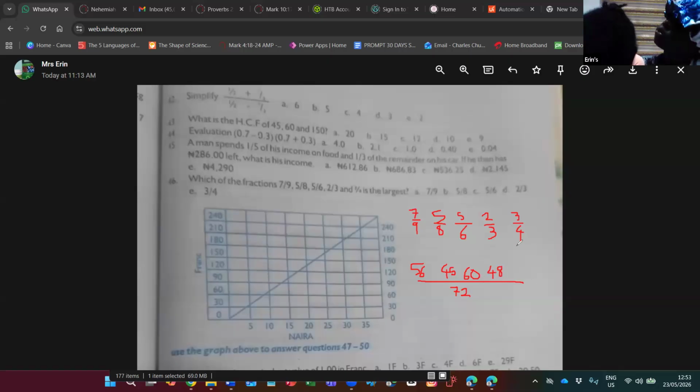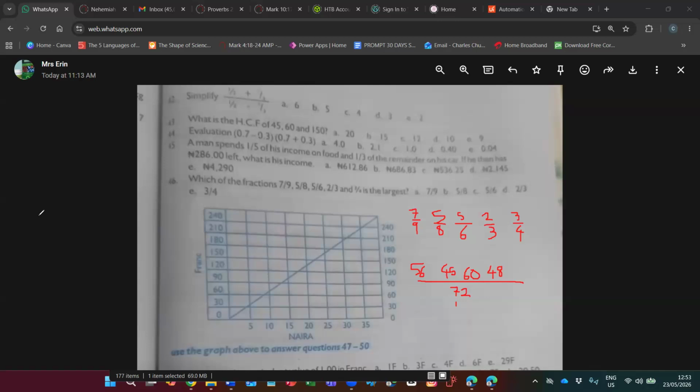It's 48. Now, 4 in 72 is what? Yes, 4 in 72 is what? 18.